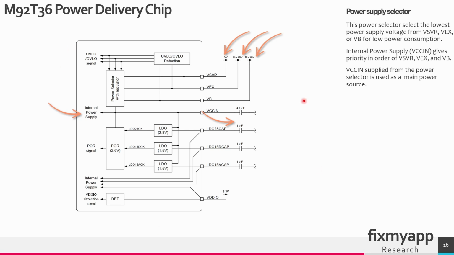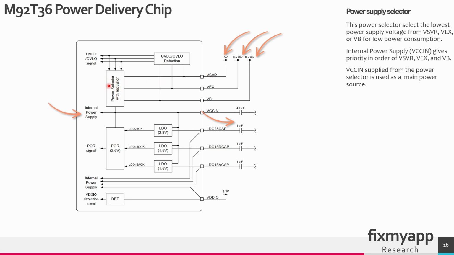In this image you can see that the plus 5V goes into this pin, the external voltage on this pin and the V-bus on this pin. So V-bus can be up to 20V and the external voltage also goes up to 20V because it's derived from the bus voltage. Then we have 5V coming into this pin, and in the power delivery IC we have a power selector.